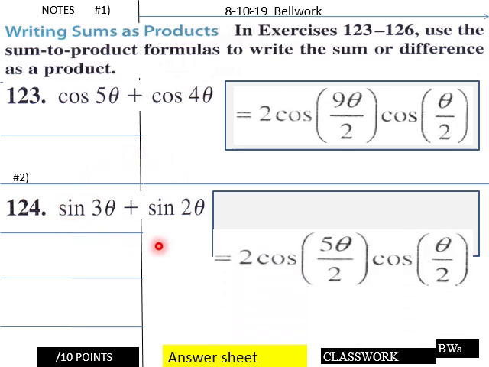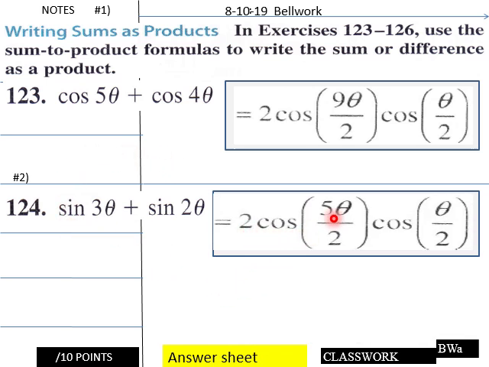And for 124, you should get 2 cosine 5 theta over 2 cosine theta over 2. So by going from your formula sheet, you should be able to derive this, going from this to this.